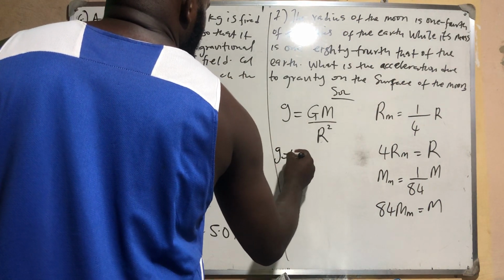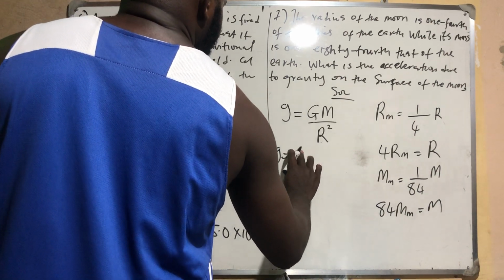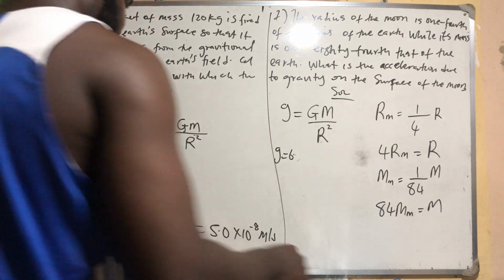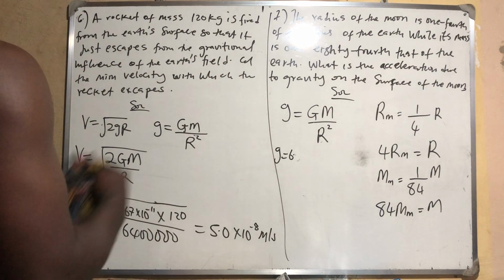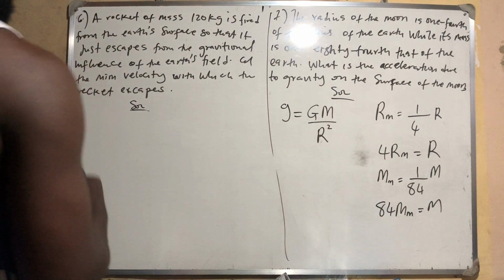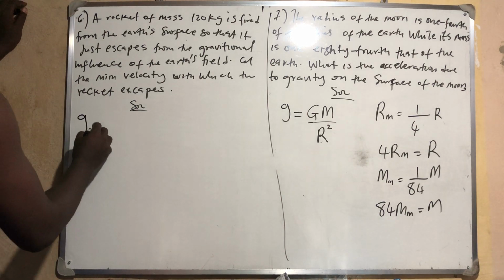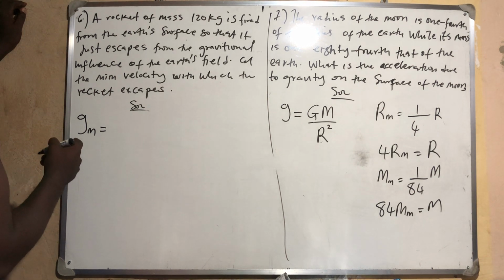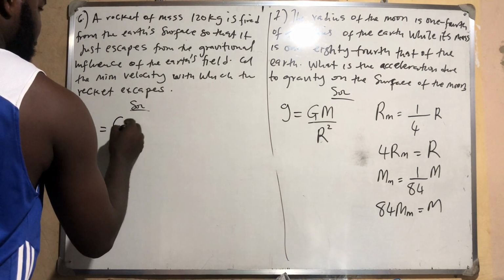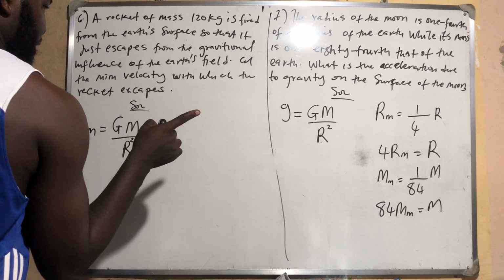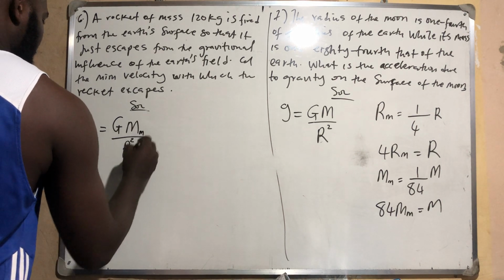So let us put everything here, and we get our answer. From here, I want to show you something. The acceleration due to gravity for the moon is equal to GM over R squared, this is for the moon.